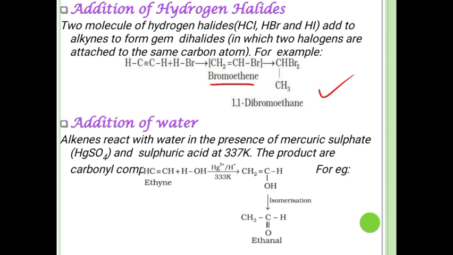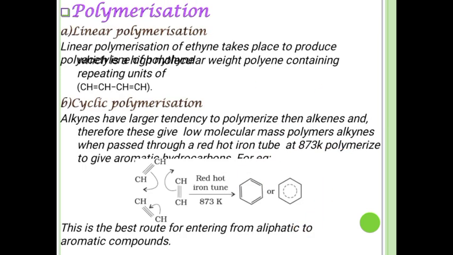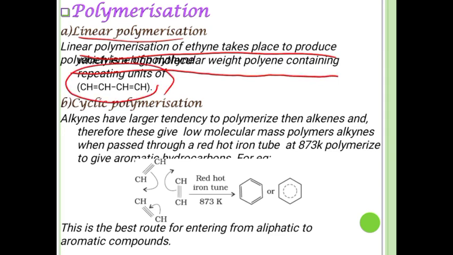If we add water in the presence of mercuric sulfate, we'll get a carbonyl compound. That is, first we'll get an alcohol, which will undergo isomerization, and we'll get an aldehyde. Polymerization, that is linear polymerization. Linear polymerization takes place to produce a polymer. And it will undergo cyclic polymerization also.